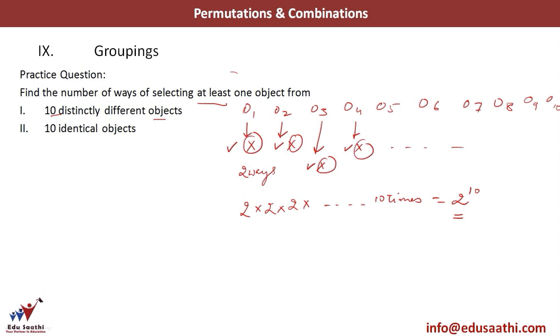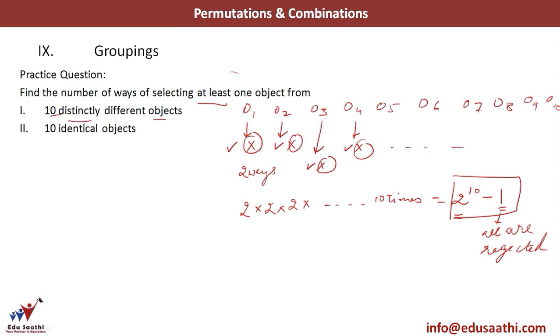So if I have to select at least one, I will just subtract 1 for the case where all are rejected. If I subtract this case, I get the cases where at least one object is selected.